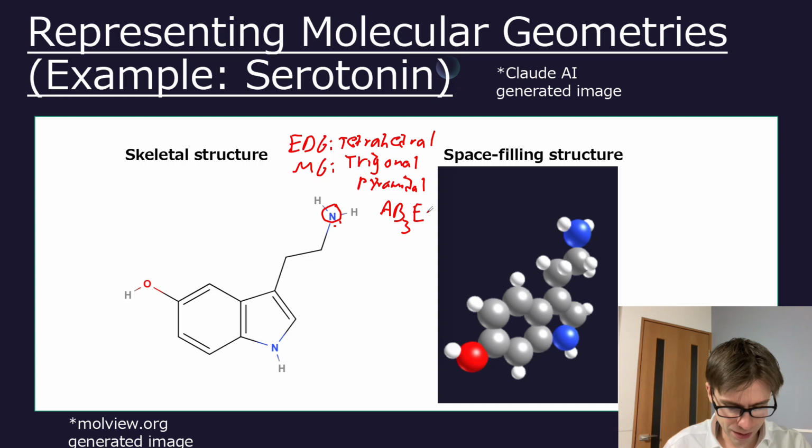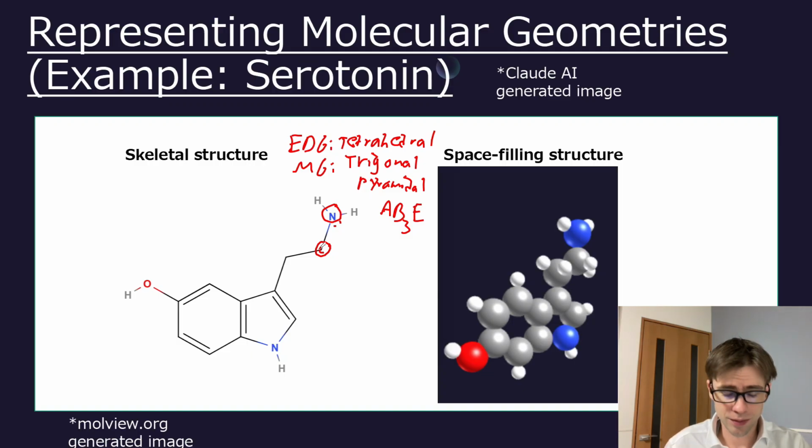Alright, the hydrogens we don't really need to label. They're not centers of a complex bonding position. But what about this one? This corner is a carbon, right? C. So how many bonding or non-bonding pairs does it have?